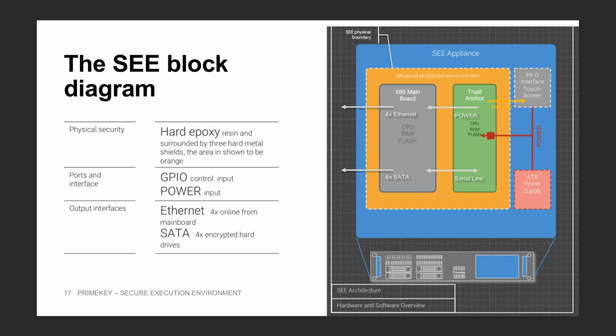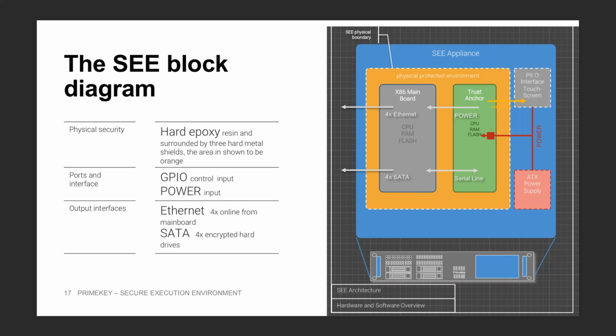So after the integrity check that is done by the trust anchor, and everything is in line with the policy and checksums are correct, the power is switched on to the main board, and the main board is booted up. That is the main principle.